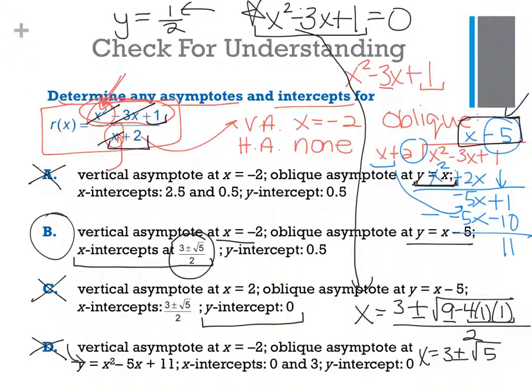So 9 minus 4 is 5. Divide all that by 2, and you get 3 plus root 5 over 2 and 3 minus root 5 over 2. So B is the correct response to this problem, and then obviously you could always confirm your asymptotes and your intercepts by graphing this function r of x.